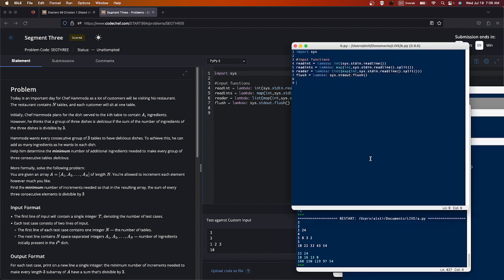So let's see. For i in range, read it. And we have a similar input with an array. So there's n tables, each customer sets a table.